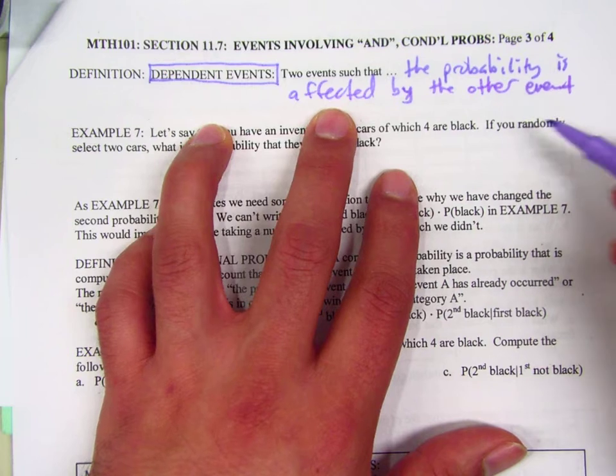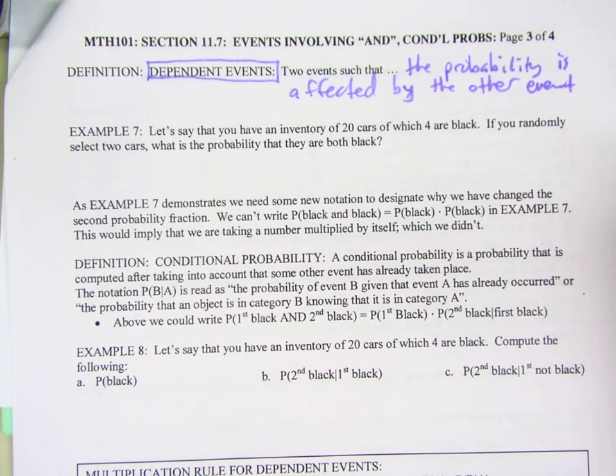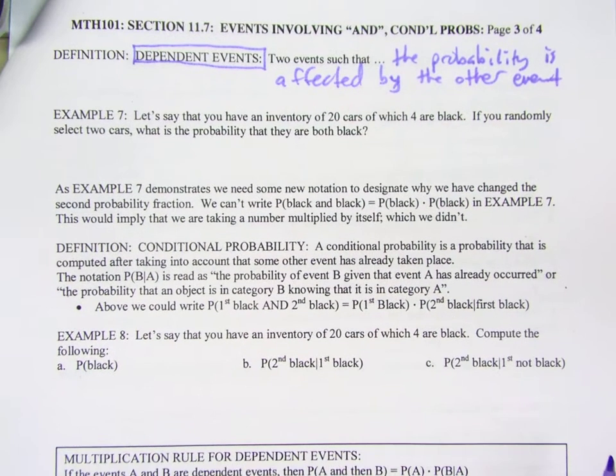So the probability of A would change if something has happened already, or vice versa. Probability of B is going to be different because A already happened. Let's do example 7 together now.